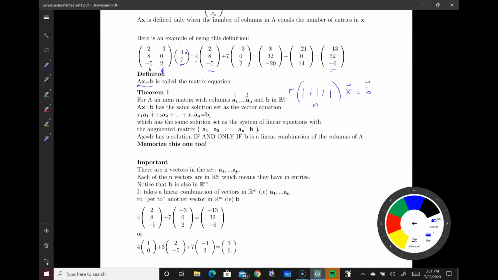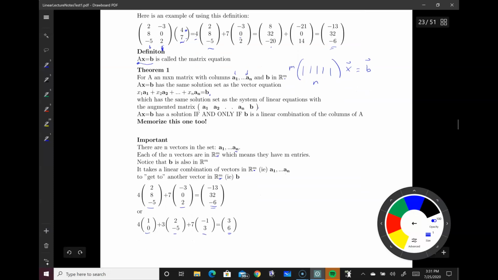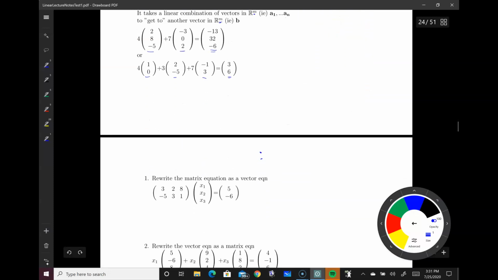And if I know that b is in Rm, it takes a linear combination of vectors in Rm to get to another vector in Rm. So if I have 2 vectors in R3, that's the only way I can get to another vector in R3. Here I have vectors that are in R2, and I add them together. That's the only way I can get to a vector in R2. So lots of details here, nothing profound.